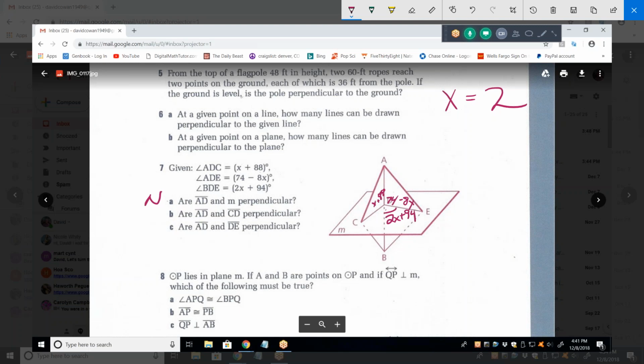Well, what if x is equal to 3? Then they would not be perpendicular. All right, I think one thing we're ignoring here is this triangle down here.